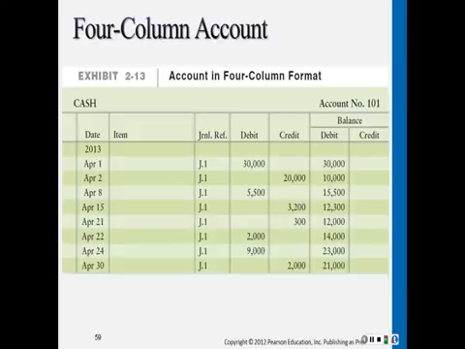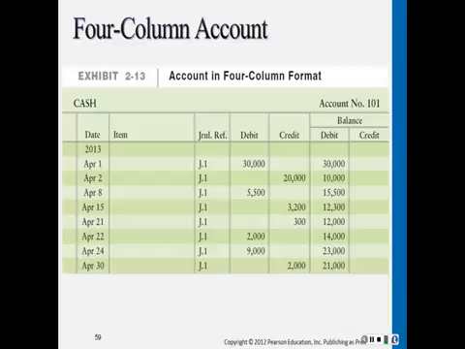The ledger accounts illustrated previously appeared as T accounts with the debit on the left and the credit on the right. The T account clearly separates debits from credits and is used for teaching, but there isn't much detail. Another account format has 4 amount columns, as illustrated here. The first pair of debit-credit columns is for the transaction amounts posted to the account from the journal, such as the $30,000 debit.